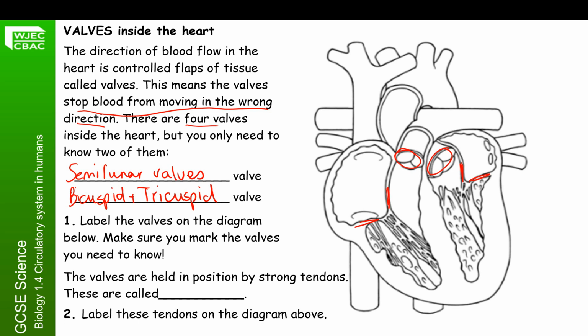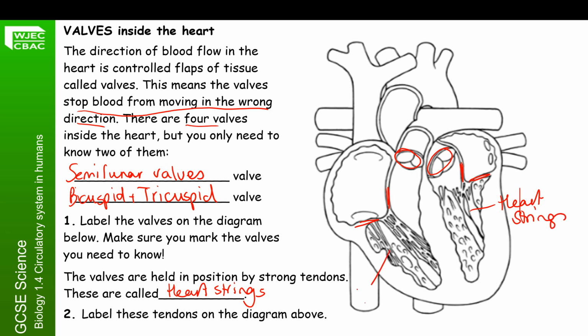The valves are held in position by strong tendons, and these are called heartstrings, which is quite sweet. And they're actually really, really tough. If you did manage to dissect the heart, you'll notice it's quite difficult to cut through these. So these are our heartstrings that we can see holding the valves in place.